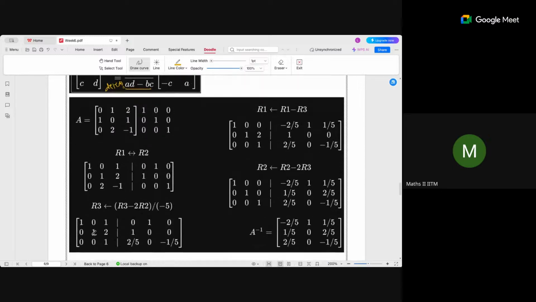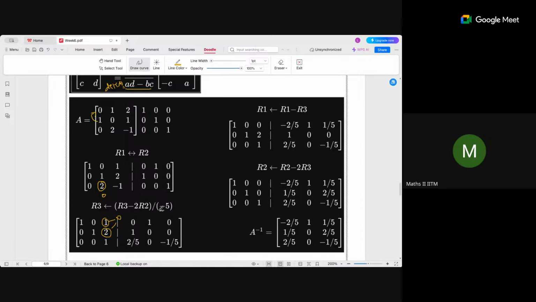And then what is the next step? We want to make this entry 0. So R3 minus 2 times R2 makes this entry 0. Then I want to make both this and this entry 0. First I make this entry 0 by moving R1 to R1 minus R3.